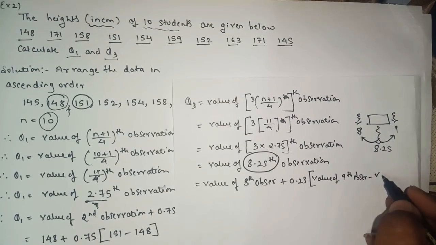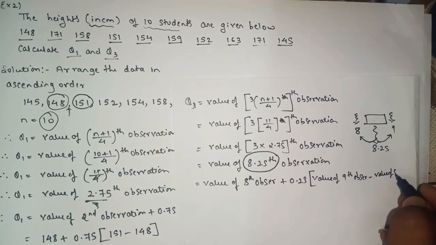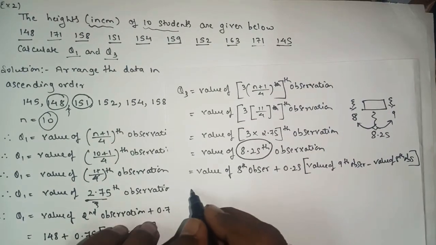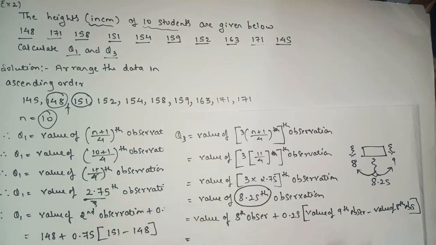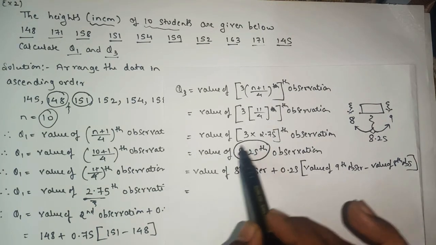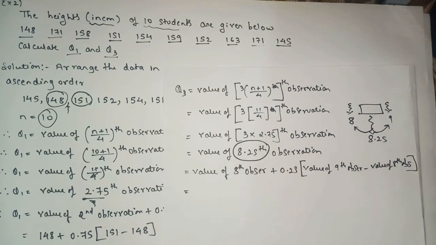The previous is the value of the eighth observation. So now we'll see the value of the eighth observation. I hope you all understood how to frame the formula with respect to this value.